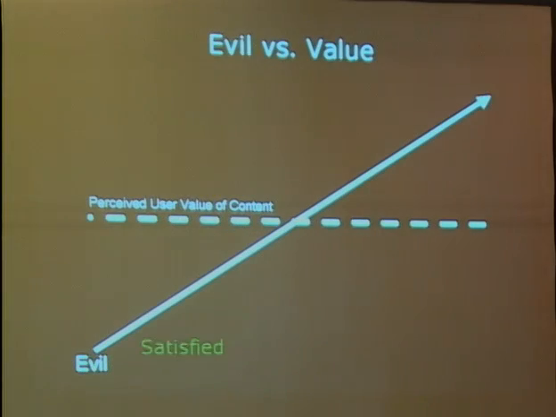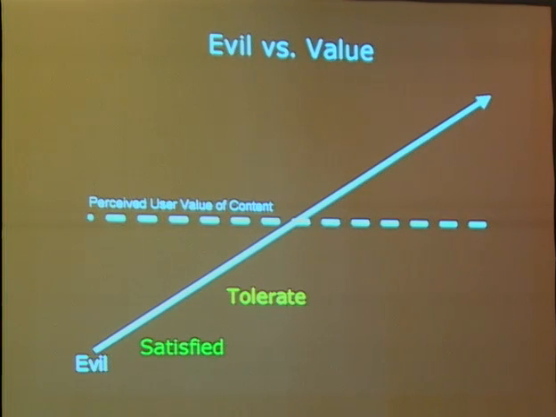So if you consider this axis of evil, I didn't mean to say that, this axis of evil, there's some point contrasted against the value of what the user is trying to accomplish. If evil is far less than the value, if they only have to deal with a little bit of evil and they get something they value far more, then they're satisfied.